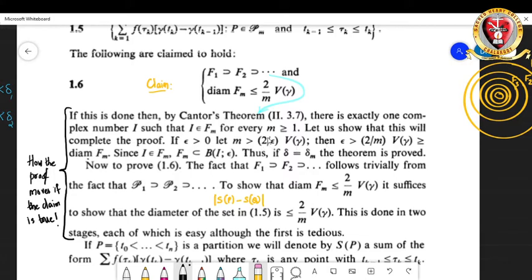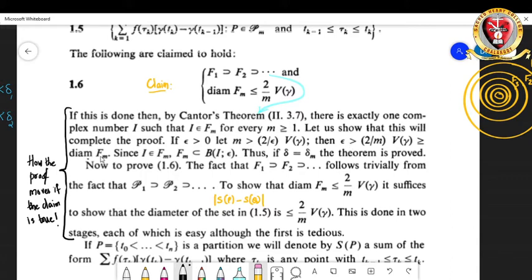Then rearranging, you get epsilon is strictly greater than 2 by m into v of gamma, right? And we are claiming that 2 by m into v of gamma is greater than or equal to the diameter of Fm. So what we now have is epsilon is strictly greater than the diameter of Fm.